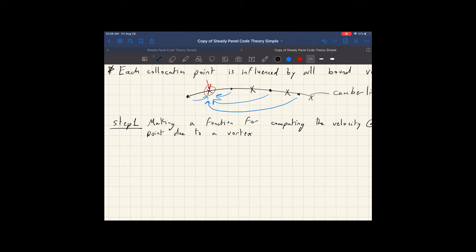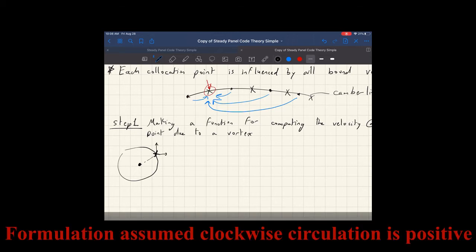So we're just going to start with the simple case of one vortex and one collocation point. And our goal is to find the velocity of the vortex in the horizontal and vertical direction that is induced on the collocation point.